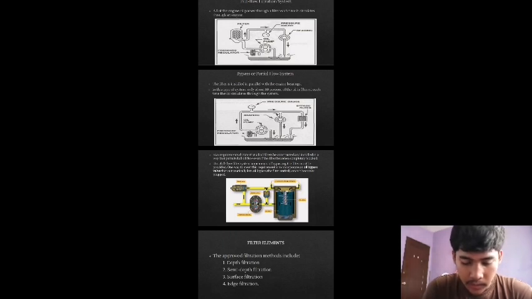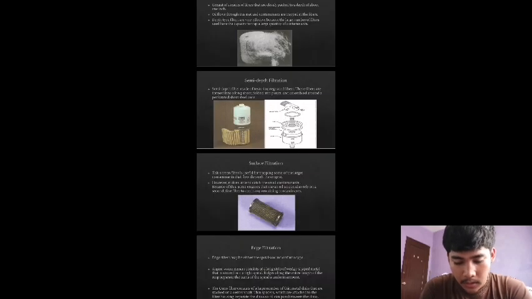The cone filter consists of a large number of thin metal discs that are stacked on a center shaft. Spacers which are attached to the filter housing separate the discs so oil can pass between the discs.